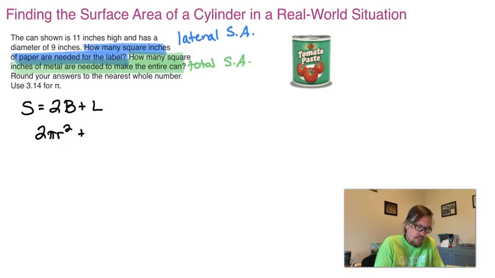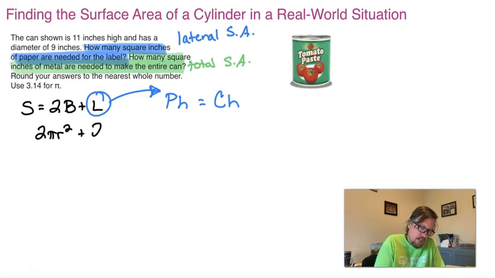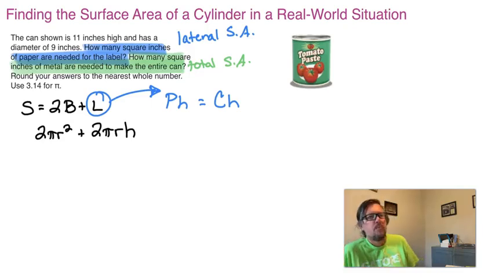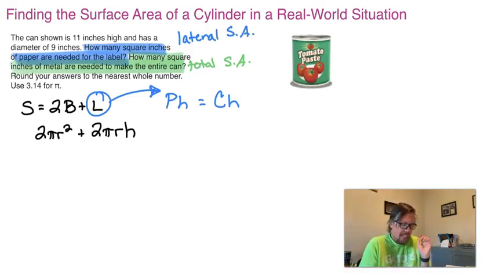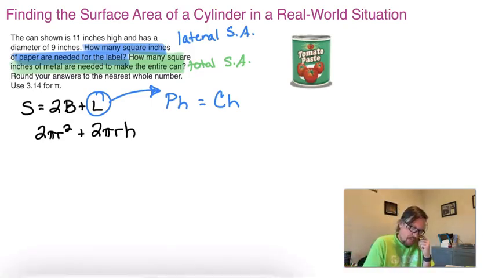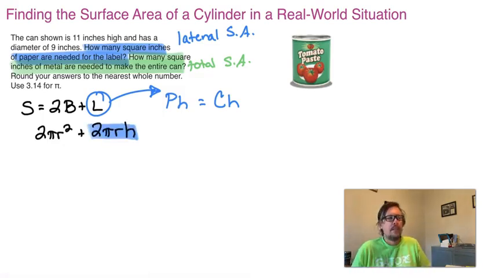And our lateral surface area, like all lateral surface areas, is going to be the perimeter times height, which in a circle, perimeter is called circumference. So circumference times height. Circumference of a circle is 2 pi times the radius, and then times the height. So our lateral surface area is just this part, and our total surface area is going to be the whole thing.